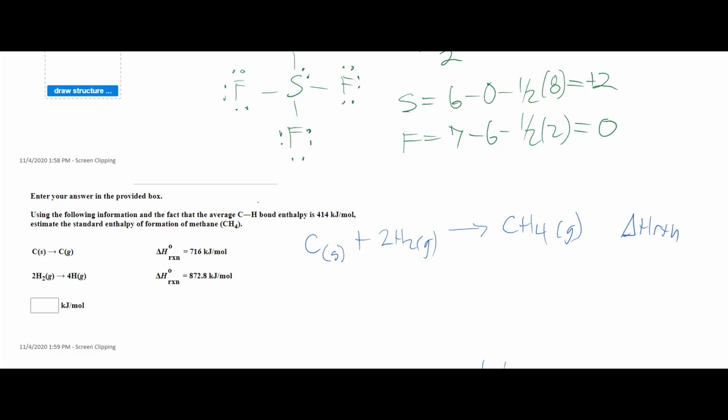Now, to do that, we have to come up with the pathway for it. They're giving us this extra piece of information that the C to H bond has an average value of 414 kilojoules per mole. So every time we make a C to H bond, it releases that much energy.